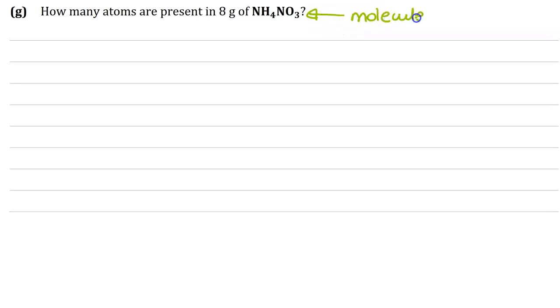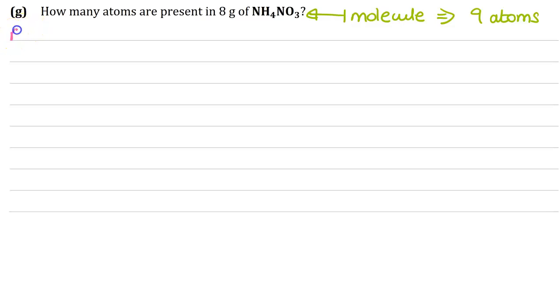So each molecule there contains 1, 2, 3, 4, 5, 6, 7, 8, 9 atoms. Okay, so that's important. So one molecule here contains 9 atoms in total. So first of all, we'll work out molecules and then we'll go to atoms.